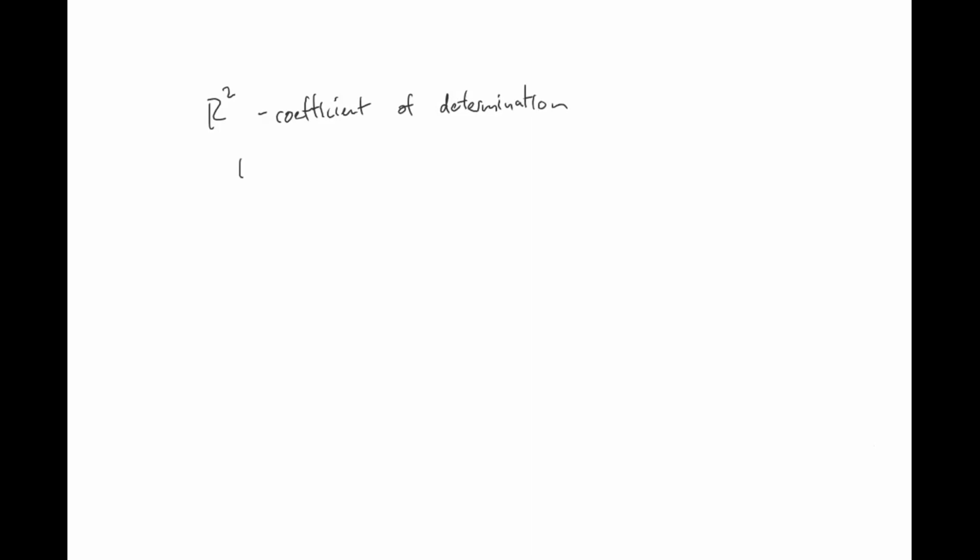All this does is answer the question of how much of the variation is captured by the model. I will write out the equation, which again, you don't need to memorize for any of our purposes.